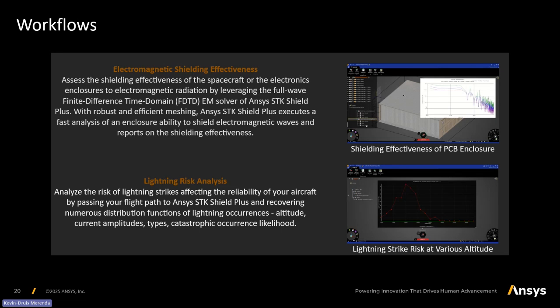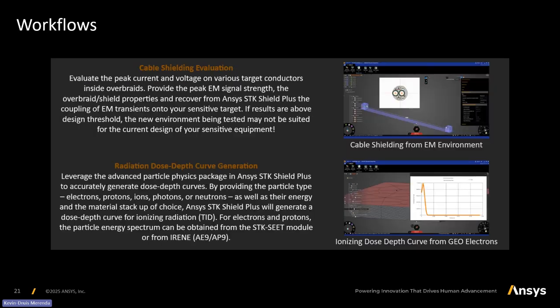And so there is a lot of information that we can get in terms of understanding and defining the threat from lightning for a given mission. And so if we have a certain amplitude of current associated to lightning in a region where we know that there is very high energetic lightning, we can use those waveforms to do analyses like the shielding effectiveness, for example, or some of the cable shielding analysis, and make sure that we are able to shield ourselves from these risks.